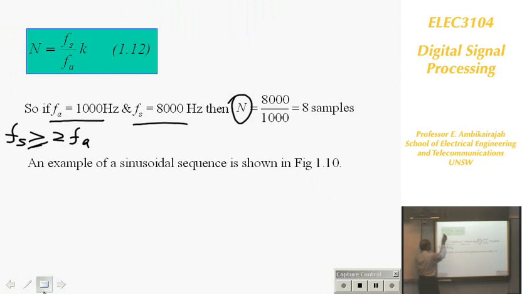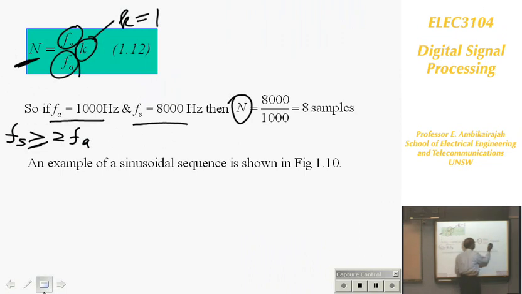You can go back here: n equals Fs over Fa times k from the previous equation, and k you can set to 1. So you take the sampling frequency, divide by the analog frequency, and that also gives you n. So every 8 samples, the signal will repeat.